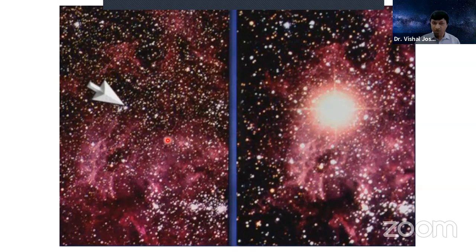And you will have this kind of scenario. So you can see a faint star here in the left image, which is actually a star before this kind of dying process. But when the iron core collapses, it brightens like anything, and this burst is called a supernova burst.